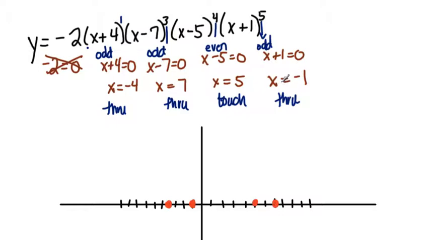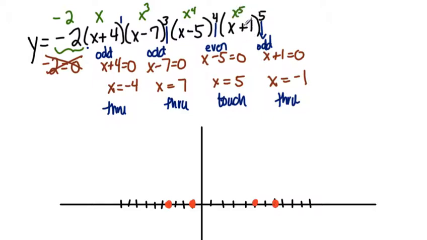Now to determine how to sketch this, you're going to find the end behaviors first. As I've done in your notes a few nights ago, you're going to take every piece and take the biggest thing. So -2 would be the number. Then x to the first would come out of this one, x to the third, x to the fourth, and then x to the fifth.